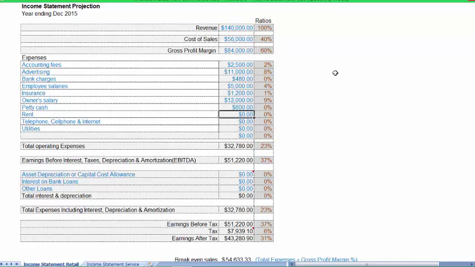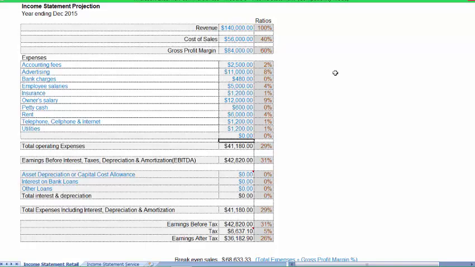If it's your business, you will make sure that you input your actual numbers or your actual forecast. And you'd probably have more categories of expenses. Just for simplicity, I've kept the categories small. Maybe your rent is, say, $6,000 a year. You're subletting, so your rent is not too high. $1,200 a year for your telephone, cell phone, and internet, and your utilities $1,200.